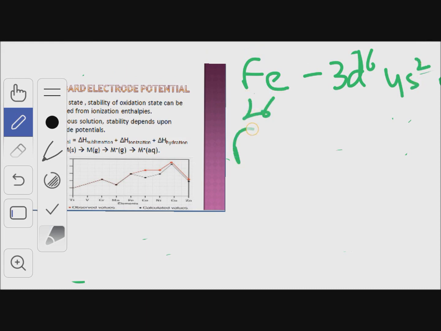In +2 state, it has 3d6 configuration, only 6 d electrons.